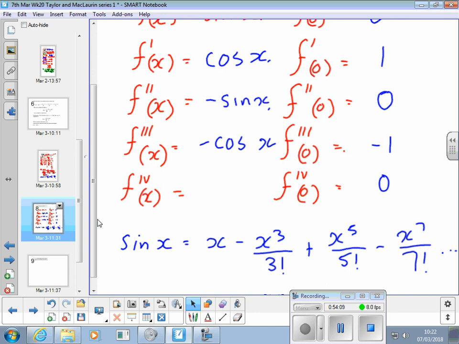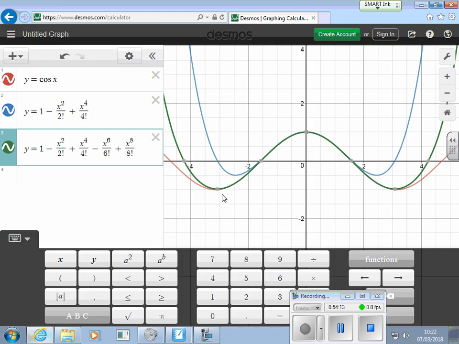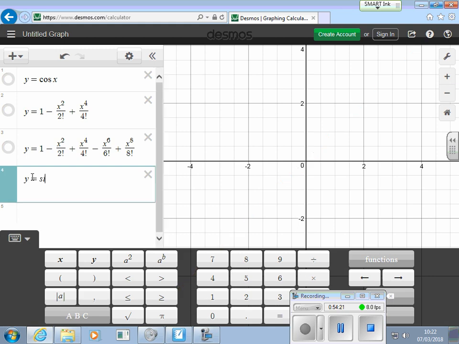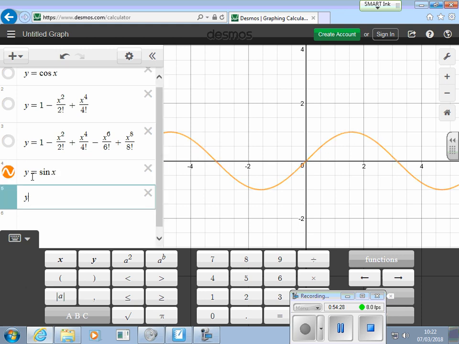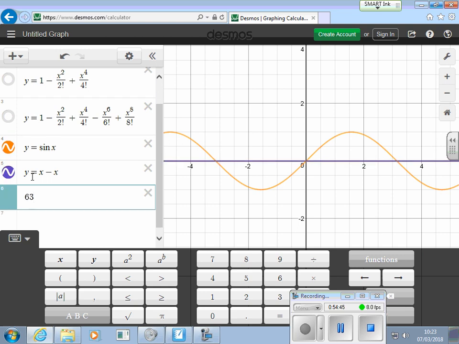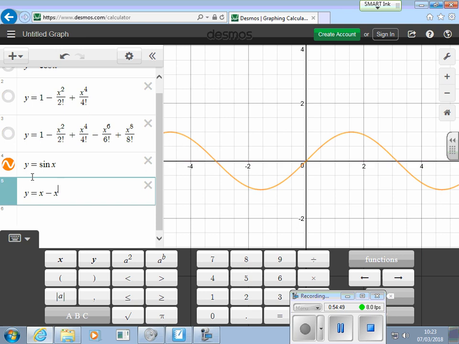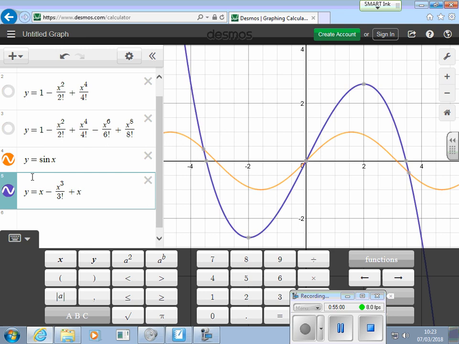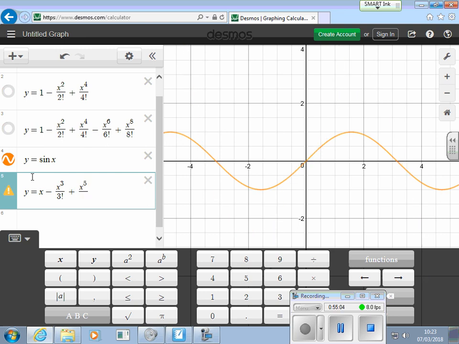and if we were to put that in the graphing software, turn these ones off, y equals sine x, y is equal to x minus x cubed, x to the power 3 over 3 factorial, plus x to the power 5 over 5 factorial.